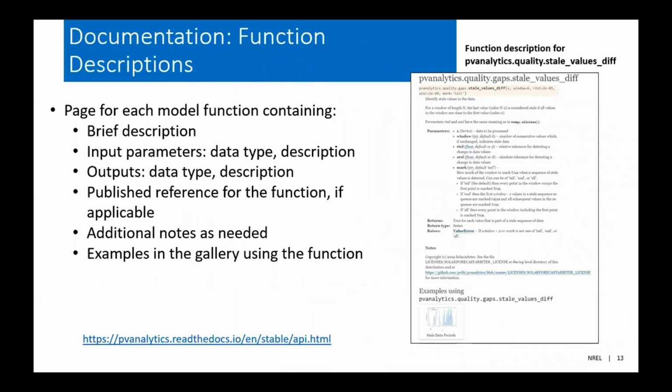A published reference for the function if it's available. Ideally, eventually we'll have published documentation for each one of these functions in the future. And then any additional notes as needed, and also any links to examples in the gallery that relate to this specific function.